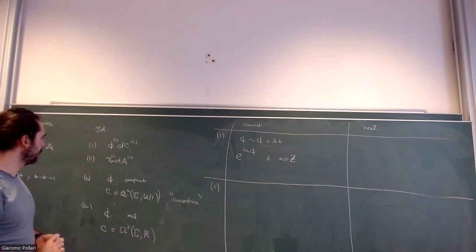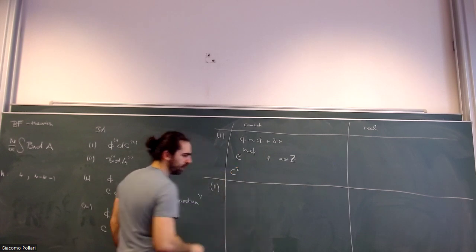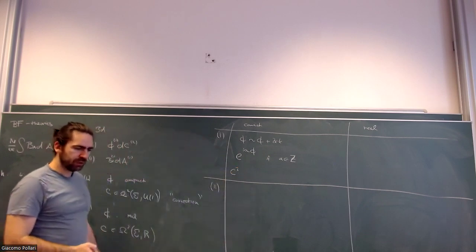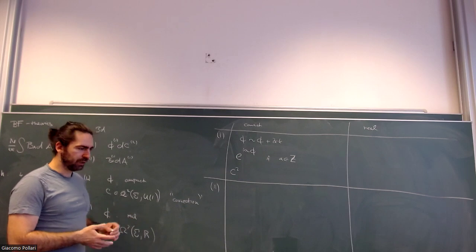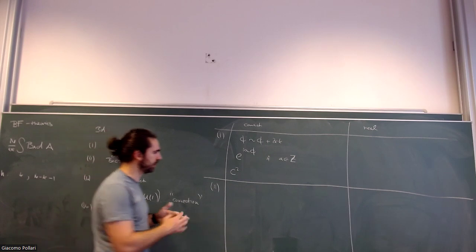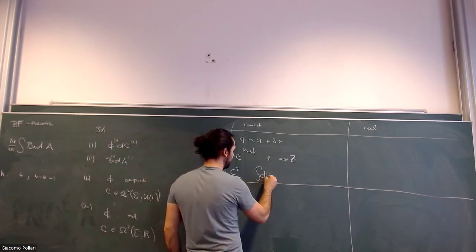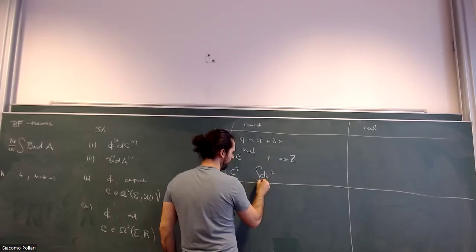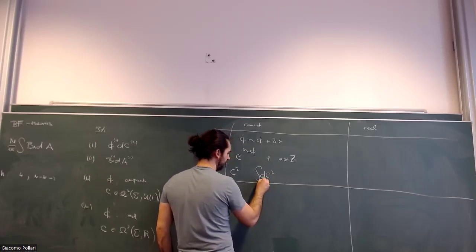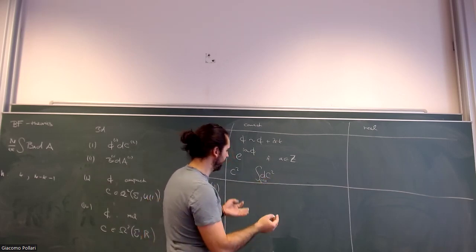Same holds for C2. Thanks to it being a gauge connection, there could be large gauge transformations, and in principle this integral, dC2 over the bulk of some three-dimensional space, might not be zero.